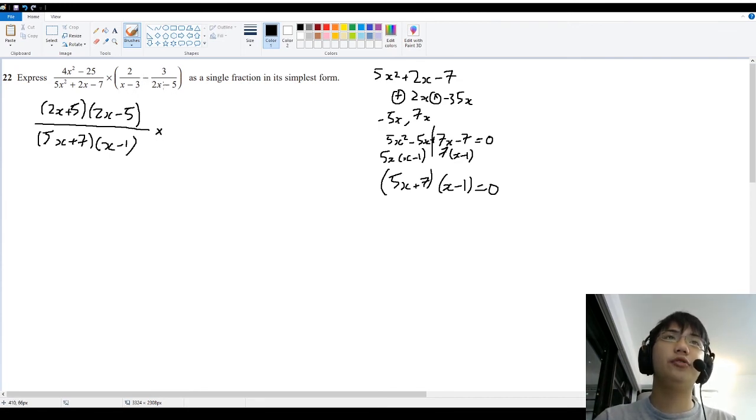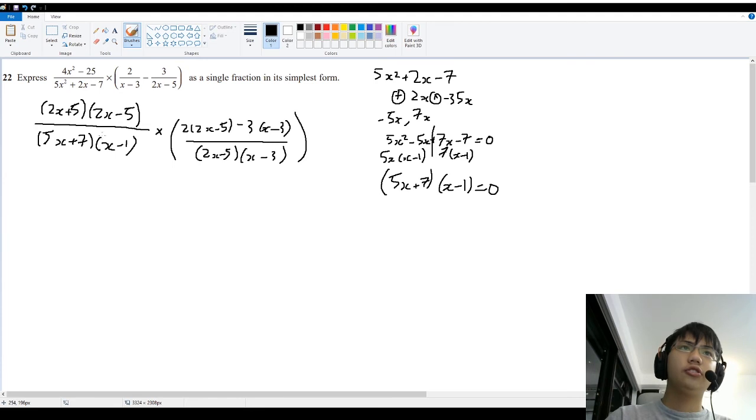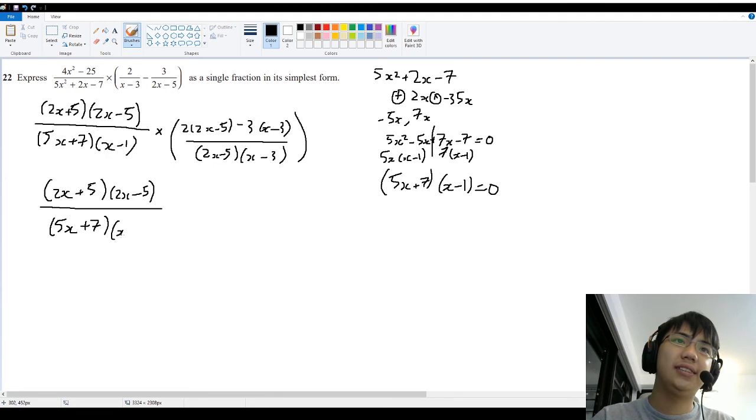As for this here, we can cross multiply to combine this into one fraction. So 2 times 2x minus 5 minus 3 times x minus 3, over 2 times 2x minus 5 times x minus 3. So you have this. Then we basically copy this down here, except that we solve for the numerator of the right-hand side fraction.